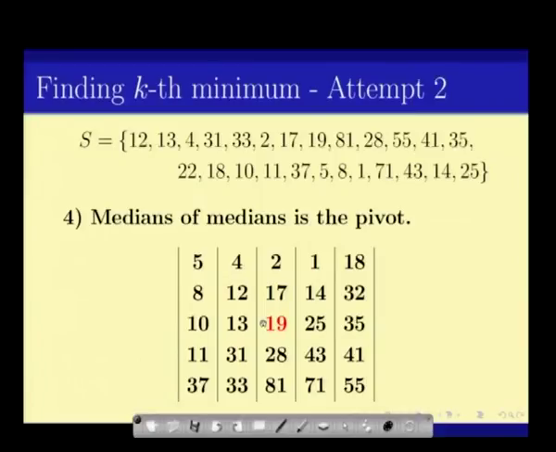We split this whole set into small sets of size 5 each. We sorted each of the small sets, found the median of each of them, considered all of them, sorted those medians, sorted the whole rows according to this median column, and then found the median of the medians. Let us take a small break now.